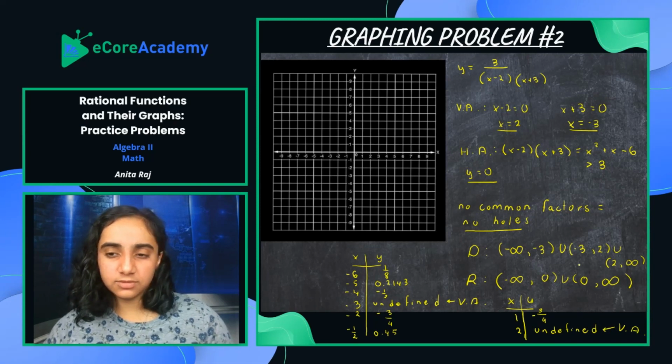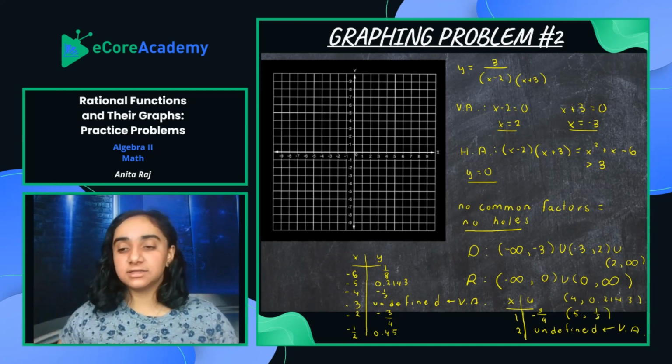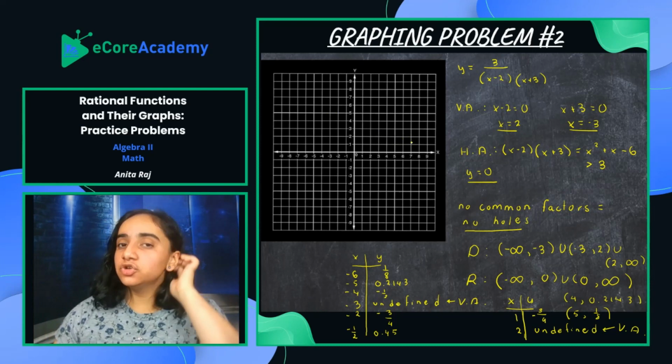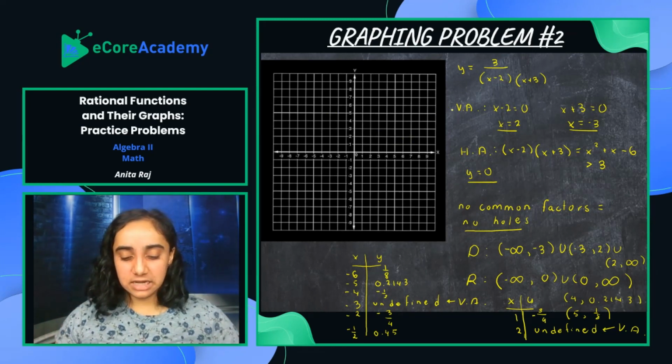Then at 4, we're going to have 0.2143, and at 5, we're going to have 1/8. The reason I'm putting so many points down is that we want enough points surrounding those vertical asymptotes. Because we have two, we need almost double the amount of points so that we represent the entire graph with all the curves.